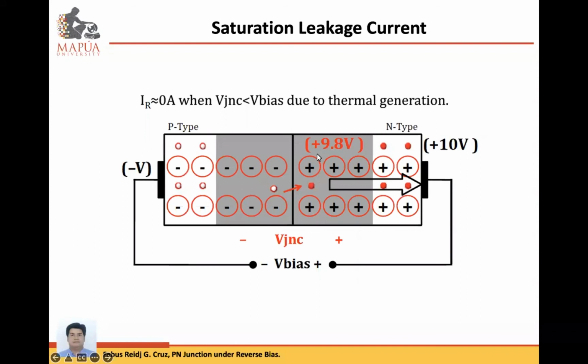Once you increase the temperature, it will generate leakage current, and the resulting leakage current through the circuit will increase. So increasing current corresponds to increasing temperature. In that way, you're able to detect whether the temperature is increasing or decreasing. Okay, naintindihan ba?